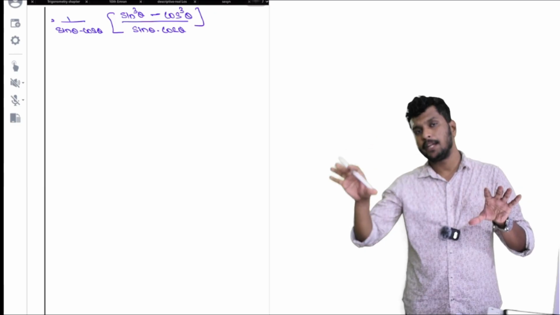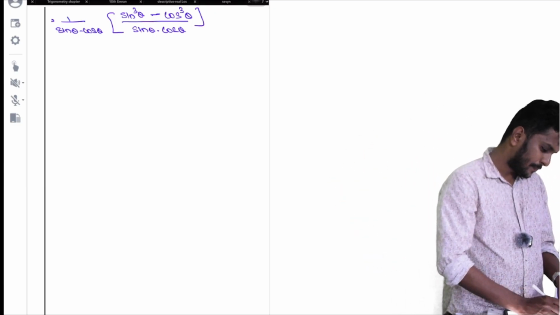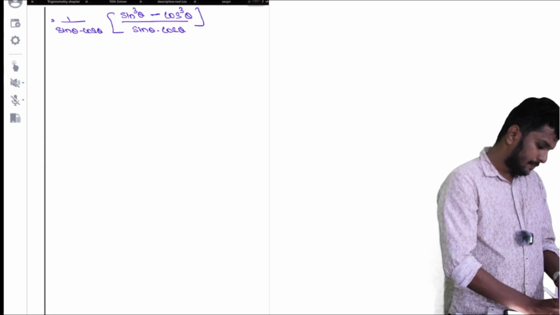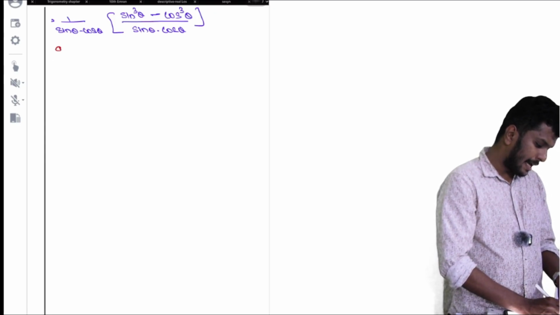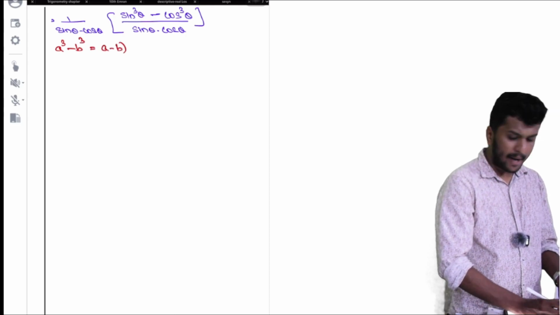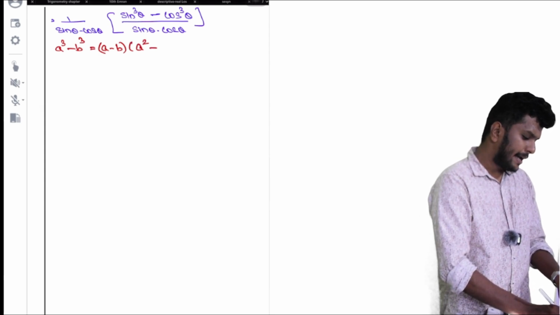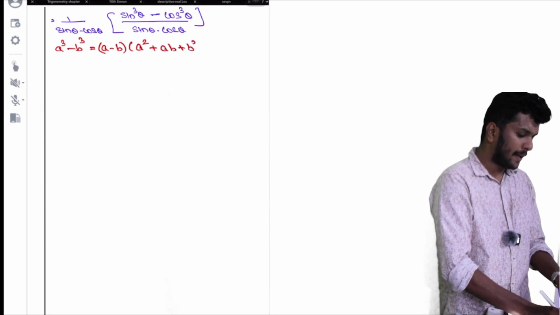What is a cube minus b cube? You all know, if you want I can write here. A cube minus b cube is actually a minus b into a square plus ab plus b square.